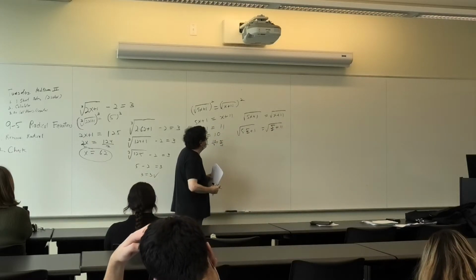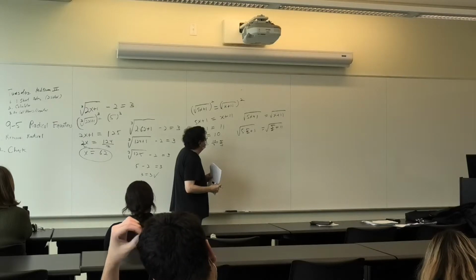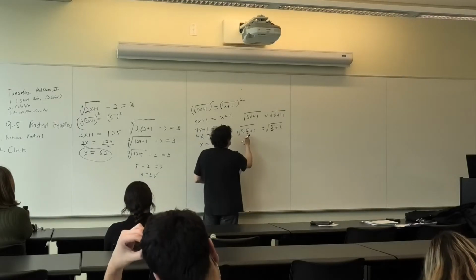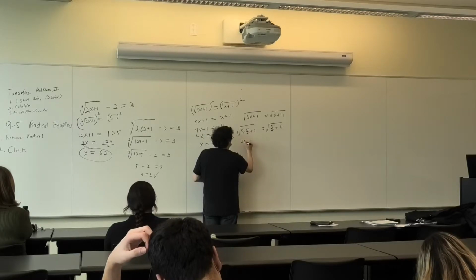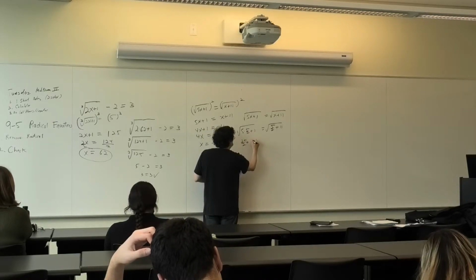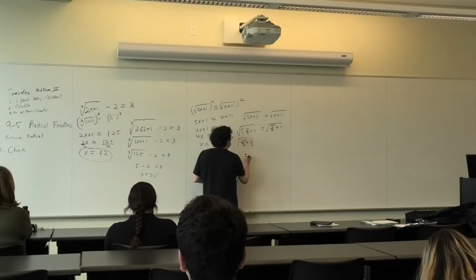All right, need to do a little math here. 5 times 5/2 is 25/2 plus 2/2.